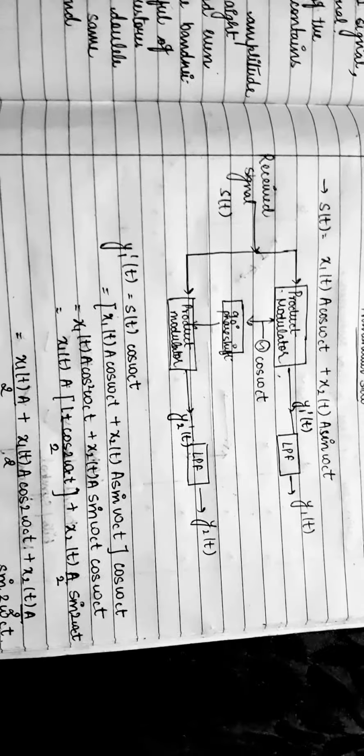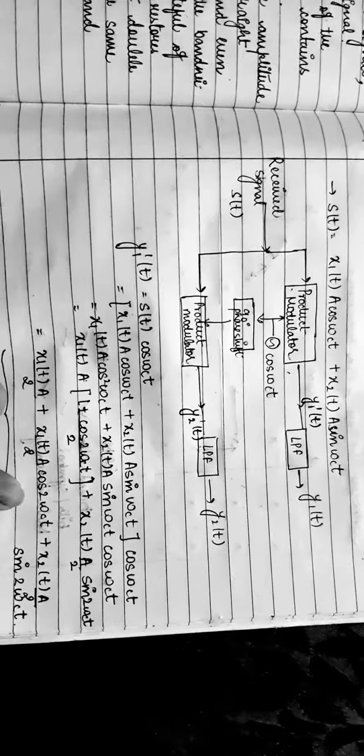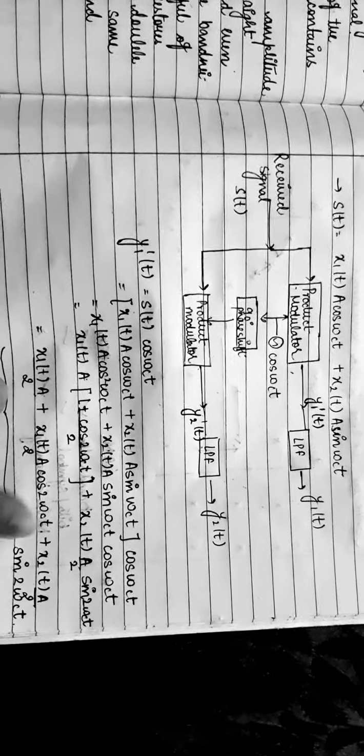The high frequency components, which are at twice omega c, that is double carrier frequency, will be neglected and we get the output x1(t) into A by 2. Similarly, for y2'(t), we get the output x2(t) into A by 2.